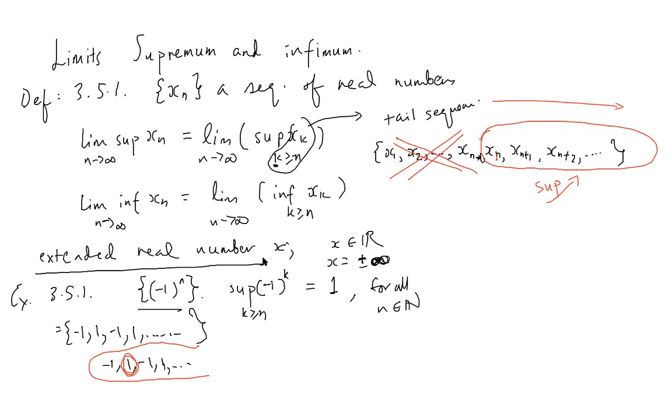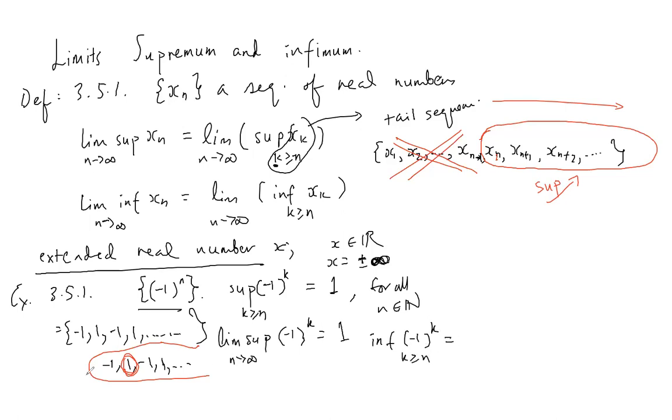So once you know that the supremum is this, therefore the lim sup, the limit supremum as n tends to infinity, will be equal to 1. Because this is a constant, when you take the limit, it's still the same. The limiting process taken on a constant will not change the constant. And then you have the infimum of the tail sequence.